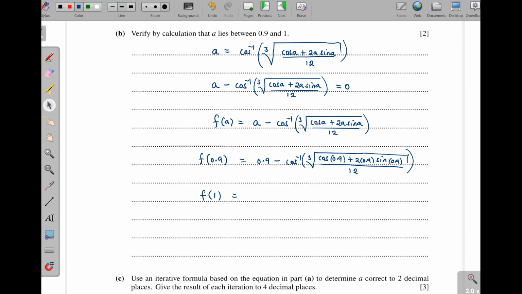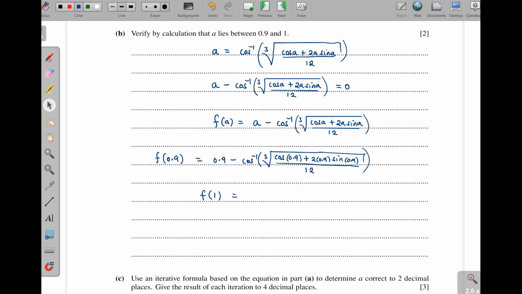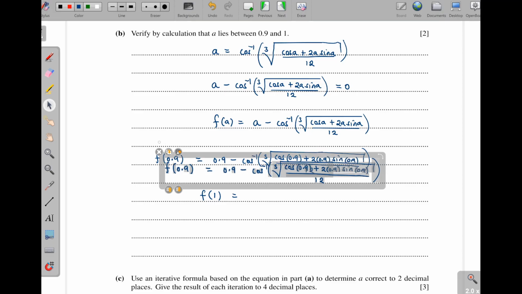So what do we get here? Is it positive or negative? We shall find out.